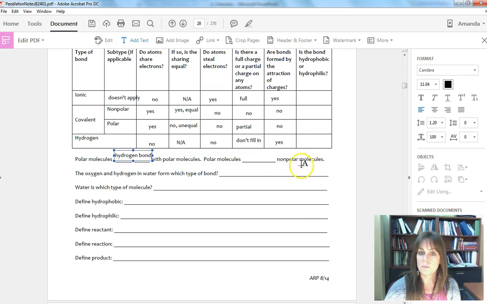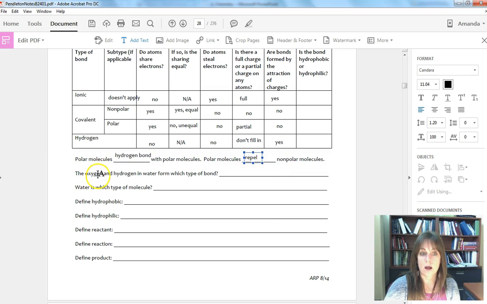But what about nonpolar, where there's no charge? Well, polar molecules, it turns out, repel nonpolar molecules. Some examples of nonpolar molecules are fats and oils.